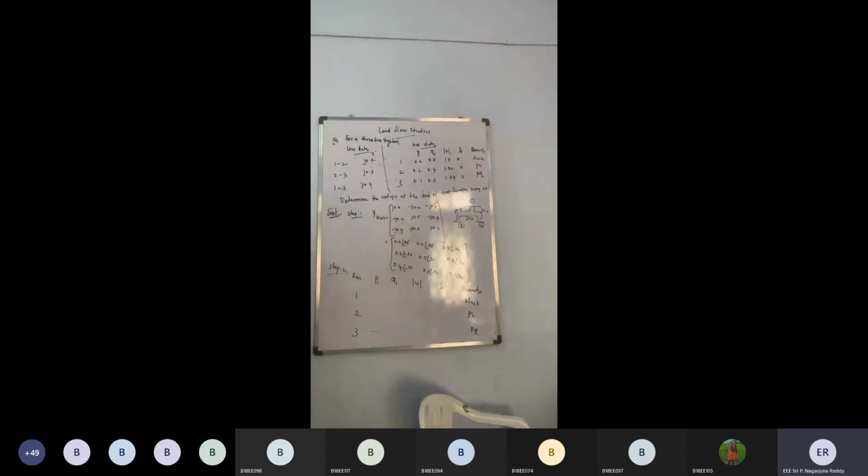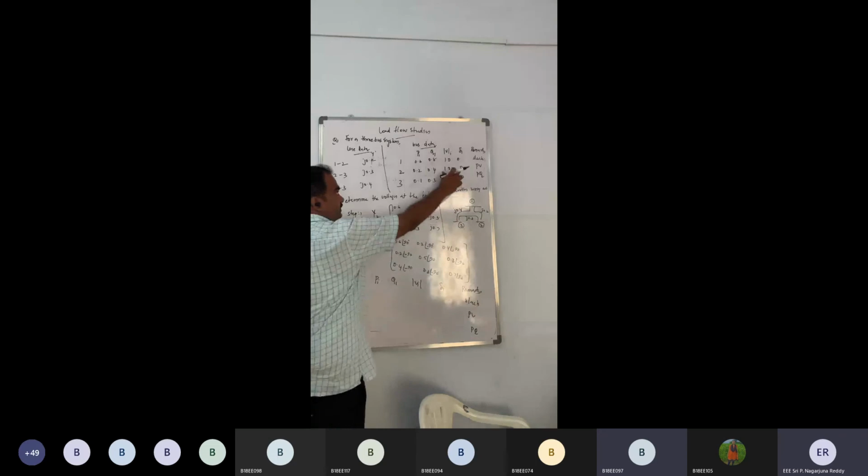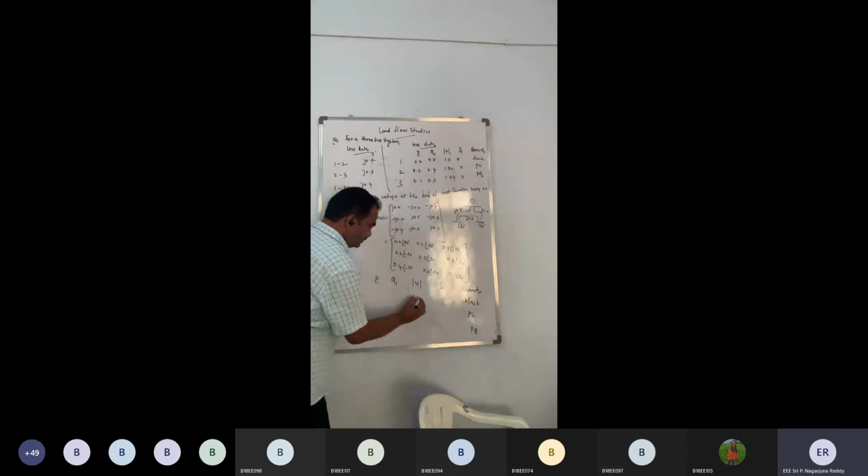If it is a slack bus, what are the standard variables for a slack bus? We have discussed in the last class, is it? Mod V and delta. Mod V and delta, whatever the values which are given for us, I am going to write down.